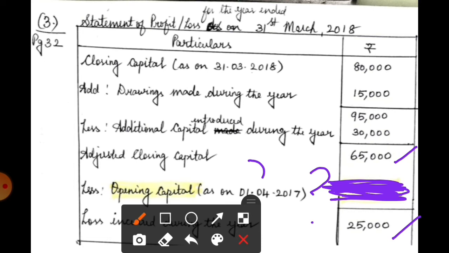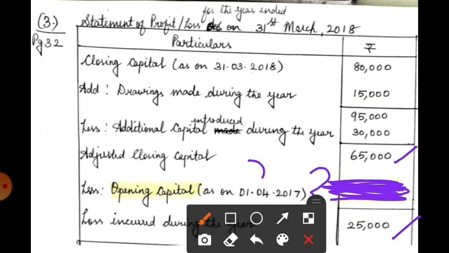But this problem clearly mentions a loss during the year. So here you just reverse the rule: adjusted closing capital will be less than the opening capital. So opening capital should be more, and adjusted closing capital should be less, in the case of loss.